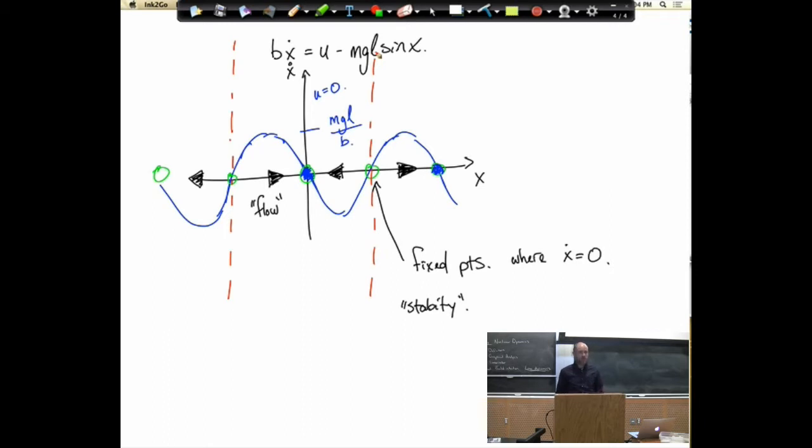In one-dimensional systems, the only place you can have a change in stability is at your fixed points, okay? Because if you think about it, the stability changes when you cross 0, okay? The boundaries of a region of stability are called the separatrix of the system. Separatrix. They separate different regions of stability.